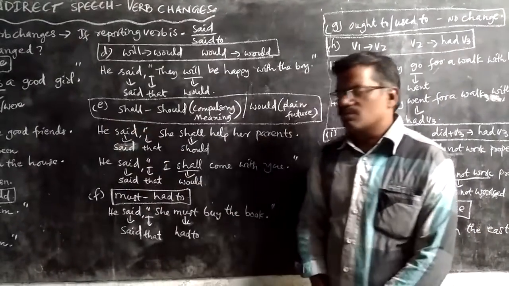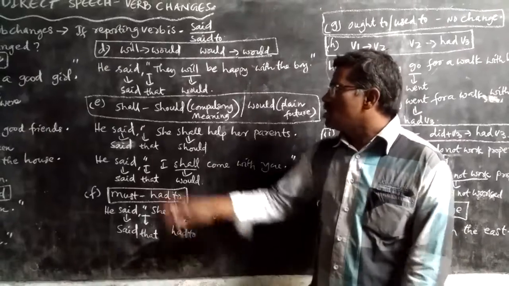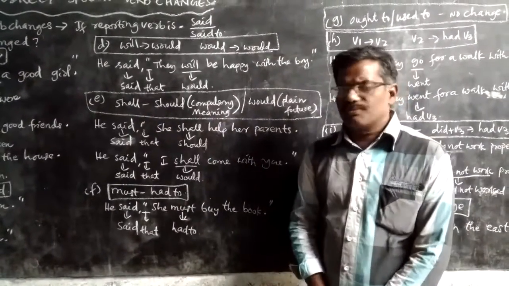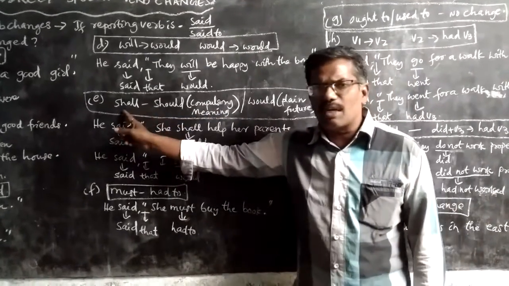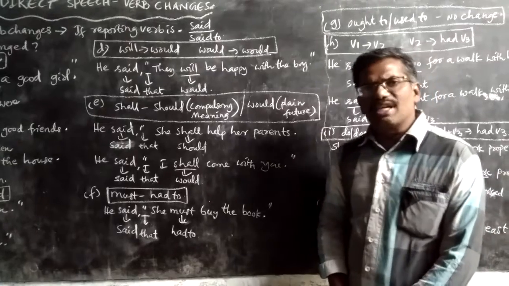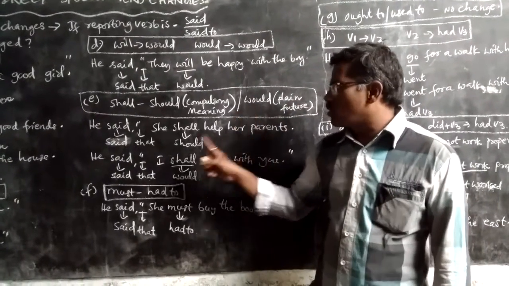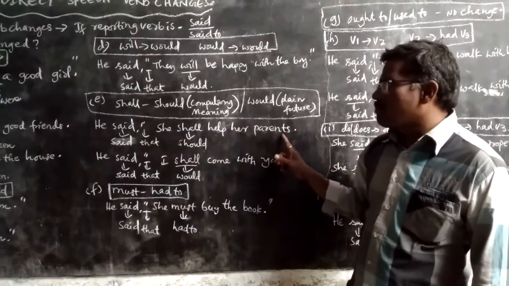And next, whenever shall is there, we write should. But here, should shows compulsory duty. If shall doesn't mean compulsory, if it shows the meaning of plain future, then we can write would. Look at these examples. He said, she shall help her parents.